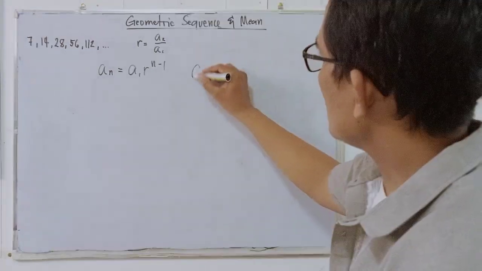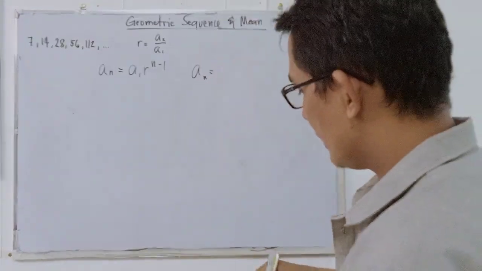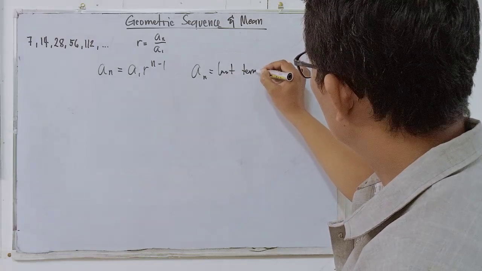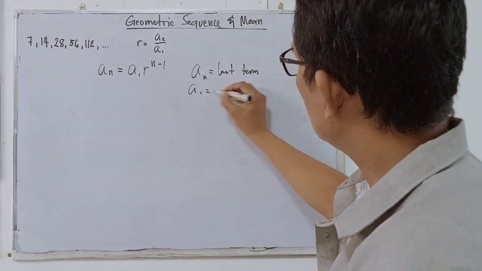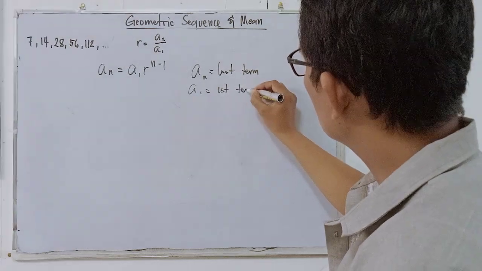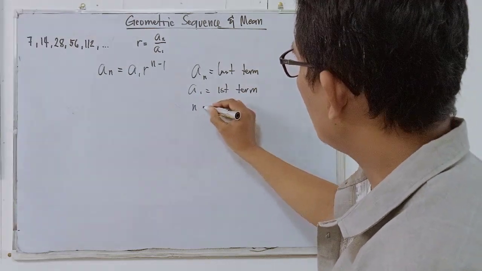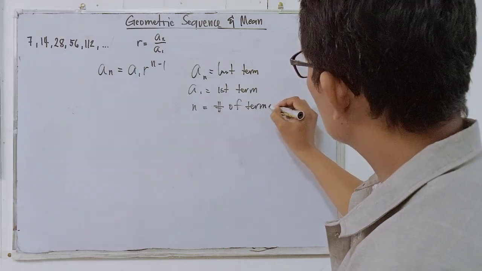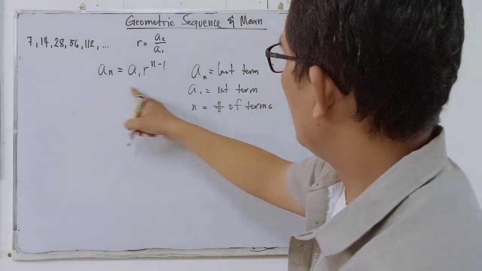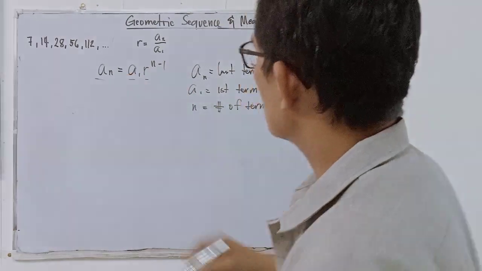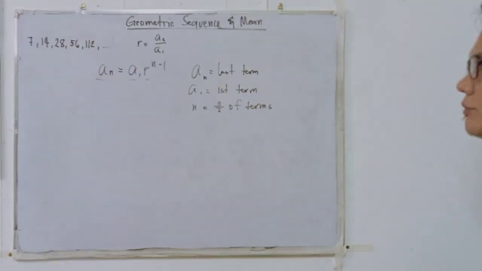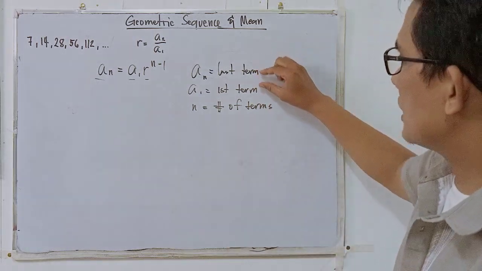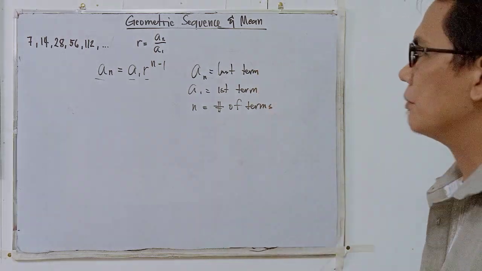Whereas our a sub n is our last term, our a sub 1 is our first term, and n is the number of terms. These three pieces of information are needed in order for us to solve for the geometric sequence.